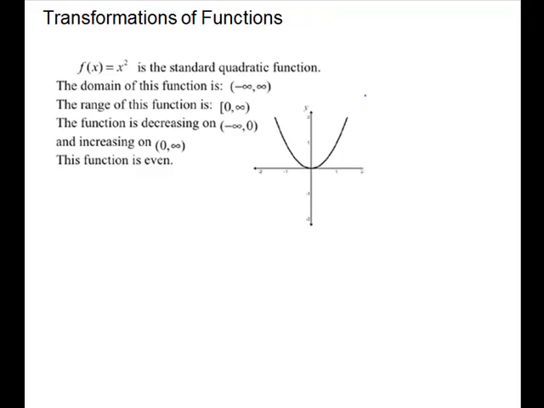Your range, lowest to highest, your lowest is 0, and it goes forever up. The function is decreasing from negative infinity to 0, and then it's increasing from 0 to infinity. The function is even. It is symmetric around the y-axis.